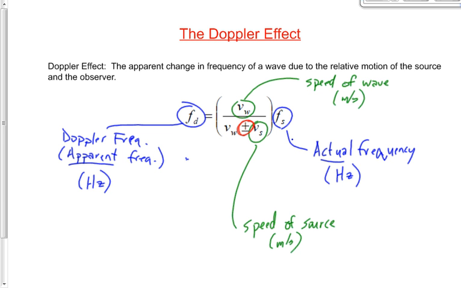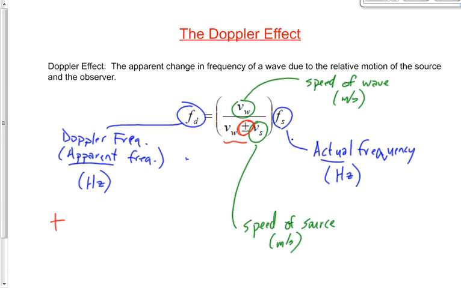Okay, answer this question for me, please. If I make that bottom a plus, that makes the bottom, the denominator here, VW plus Vs, a bigger number, right? If I add them, the number becomes bigger. If I subtract them, the number becomes smaller. Agree with that? Okay, so if I make it a plus, that bottom number becomes bigger.